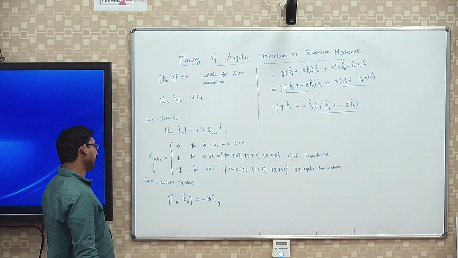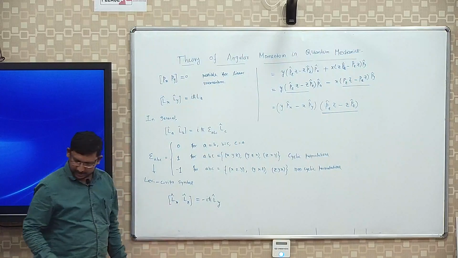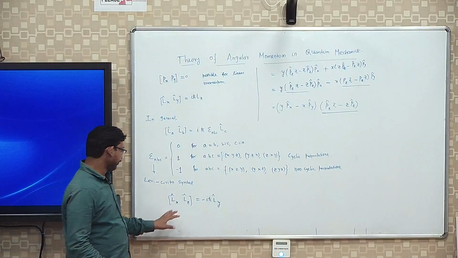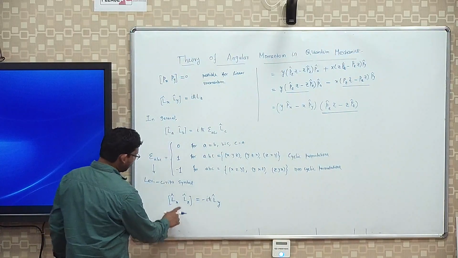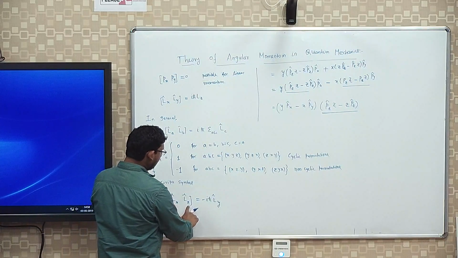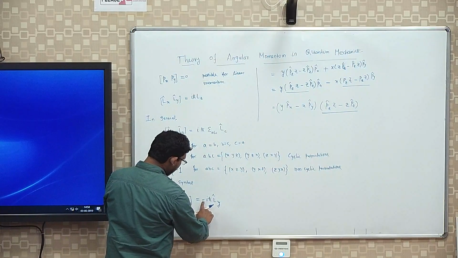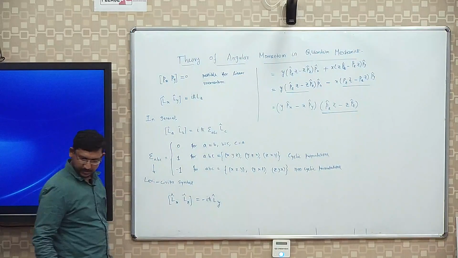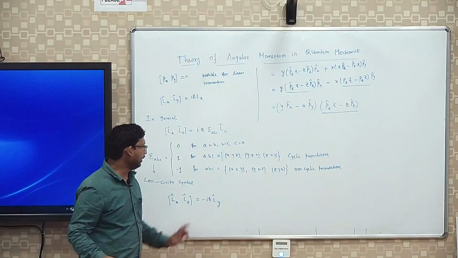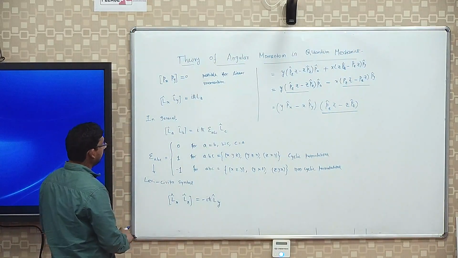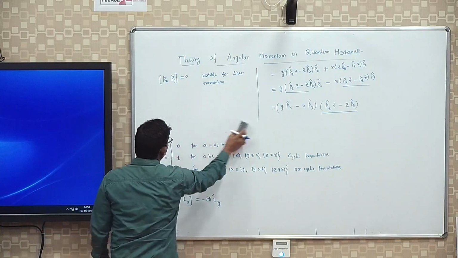Example, if commutation of this non-cyclic term, Lx commute with Lz will give you minus i h cross Ly. It's a non-cyclic permutation here. Fine.